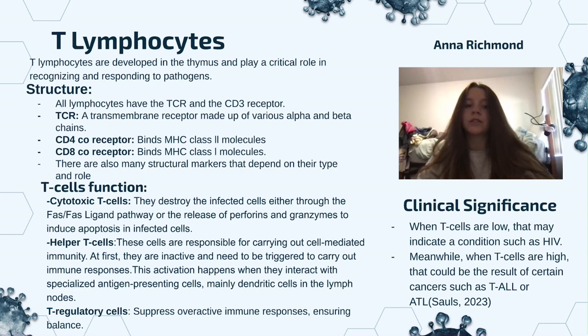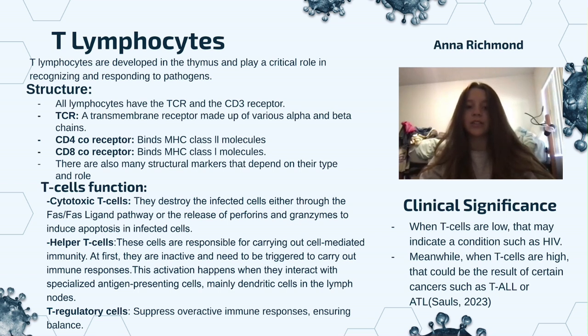For their functions, the cytotoxic T cells destroy the infected cells either through the FAS ligand pathway or the release of perforins and granzymes to induce apoptosis in infected cells. The helper T cells are responsible for carrying out cell-mediated immunity. At first, they are inactive and need to be triggered to carry out immune responses.